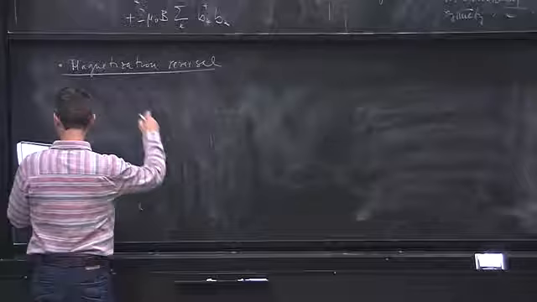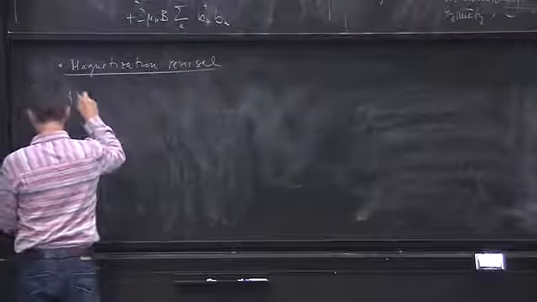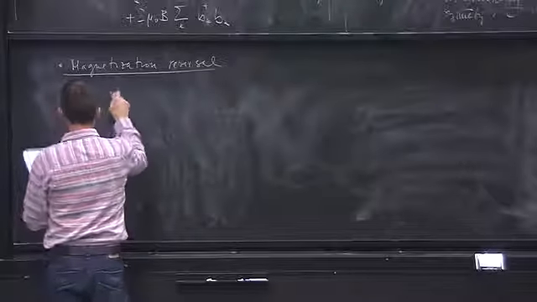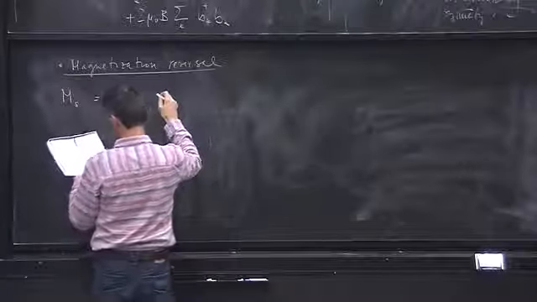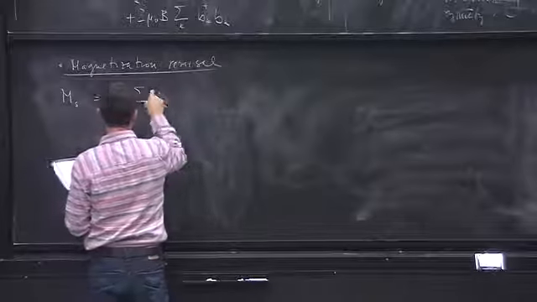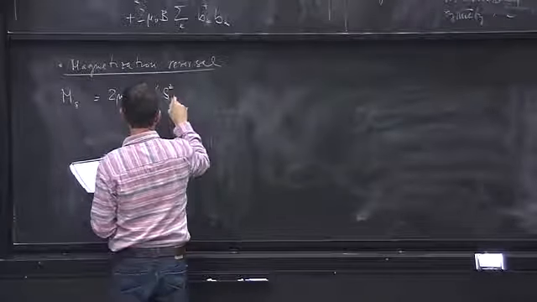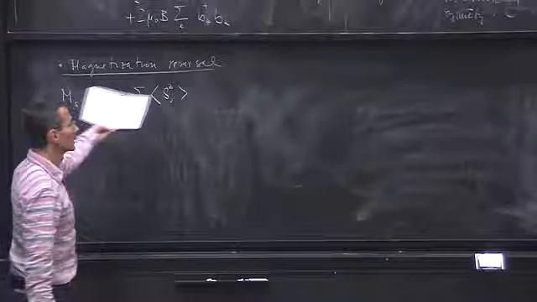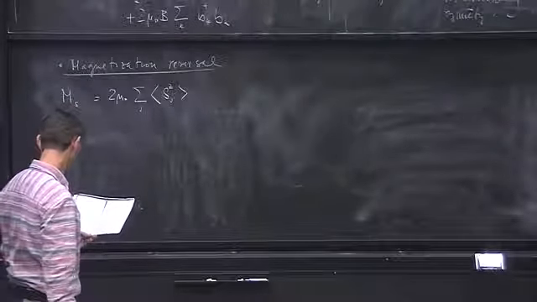So magnetization, which is often denoted M_s, is defined as 2 mu naught times the sum over j of S^z_j, right? And this is something that one can calculate from this theory.